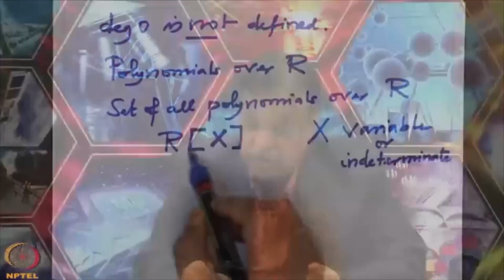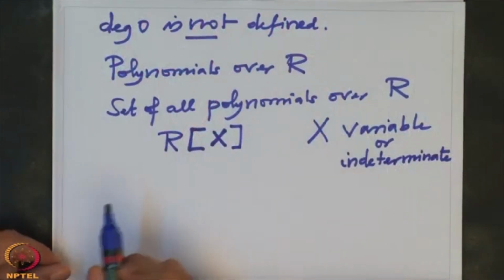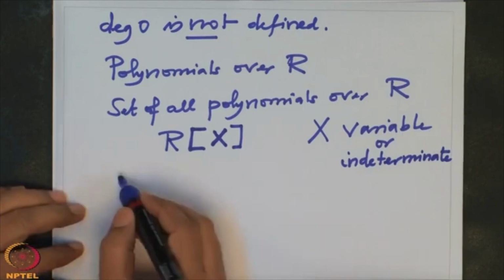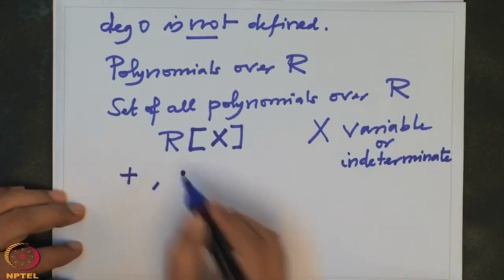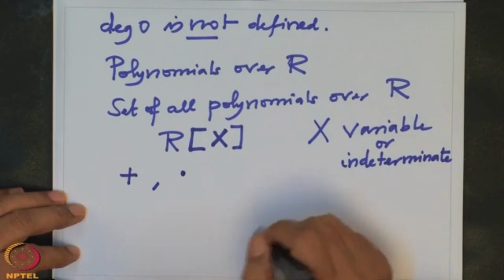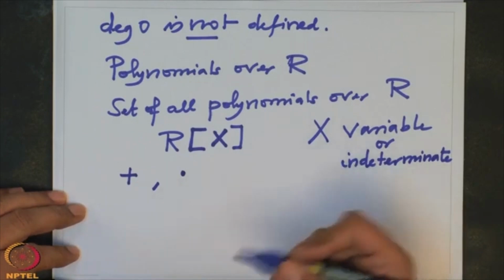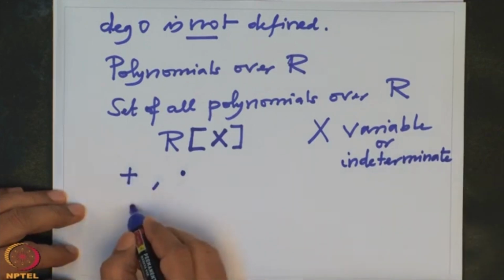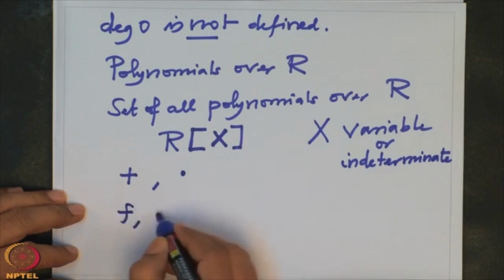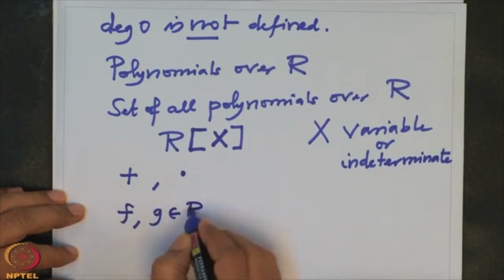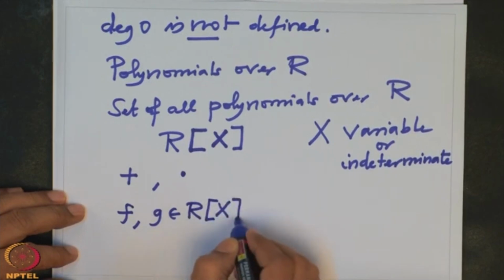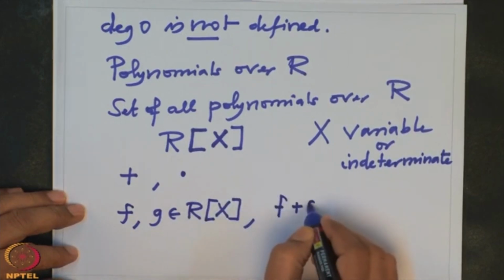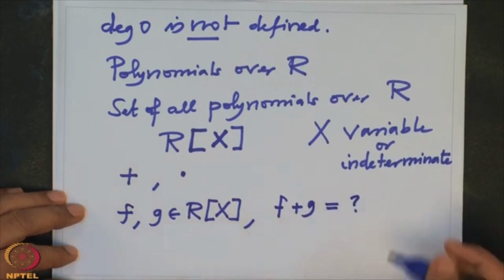And the square bracket is also used for polynomials. Later on you will say they are rational functions. Now on this set there are two natural operations, addition and also multiplication, so that it becomes a ring, and then we will say that it is a polynomial ring over a ring R. And what are these operations? If I have two polynomials f and g in R[x], then I have to tell you what f plus g is.